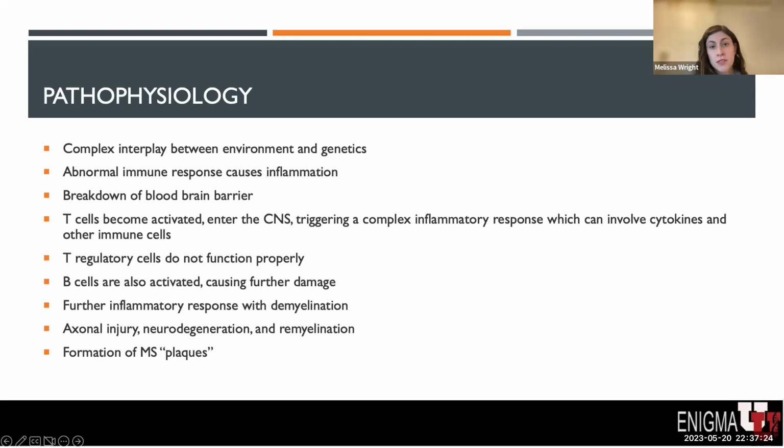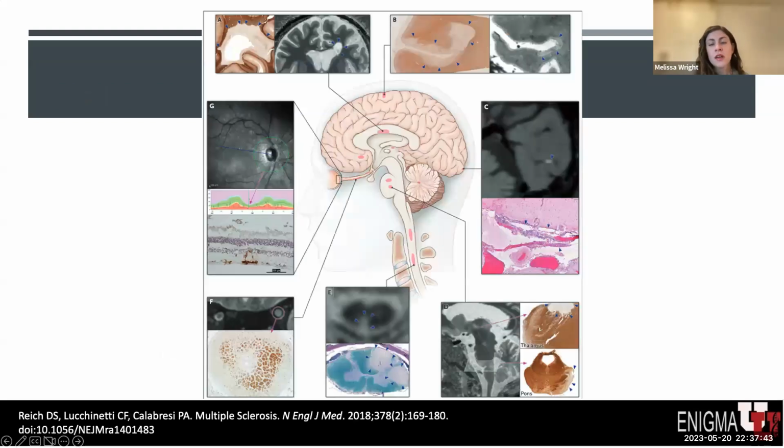Following a period of active inflammation, axonal injury, neurodegeneration, and remyelination can occur. However, as part of this process, there is residual injury, which leads to the formation of what we often call MS plaques. These plaques can be seen as changes on both gross and microscopic pathology, and are also seen as permanent changes on MRIs.